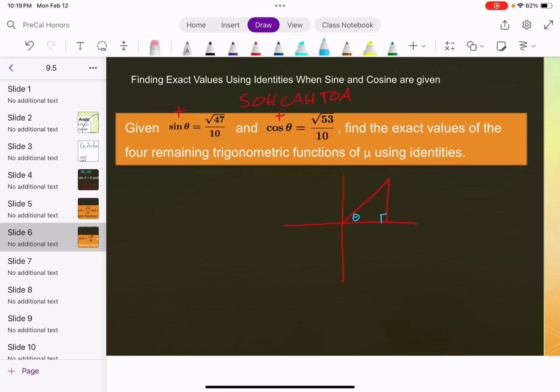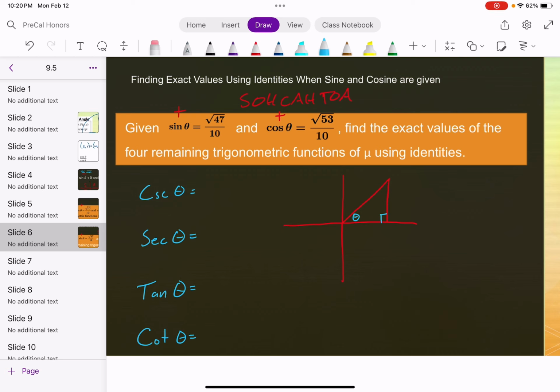Once again, we're going to work with the inverse of sine, which is cosecant of theta, secant of theta, tangent of theta, and cotangent of theta.